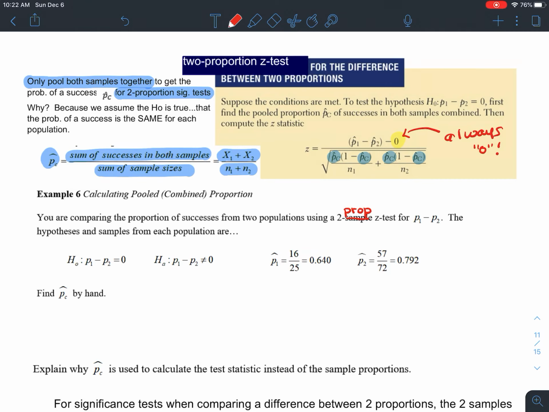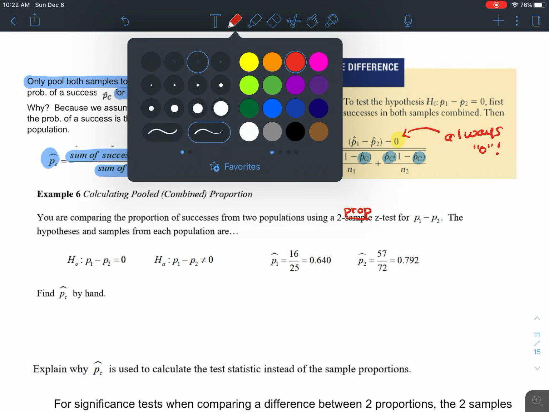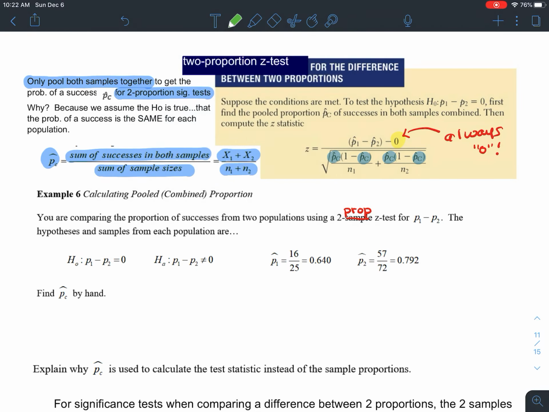Okay, it says the hypotheses and samples for each population are, and then they give us our null hypothesis, that there is no difference between the 2 population proportions, and then our alternative is that yes, indeed, there is a difference between them. You can see we drew out a sample from the first population.